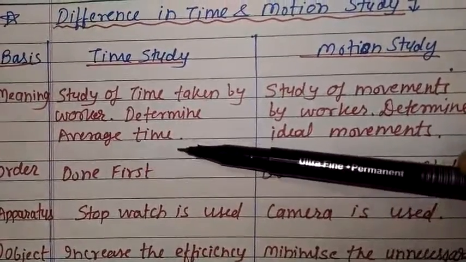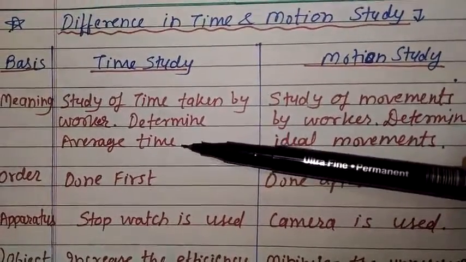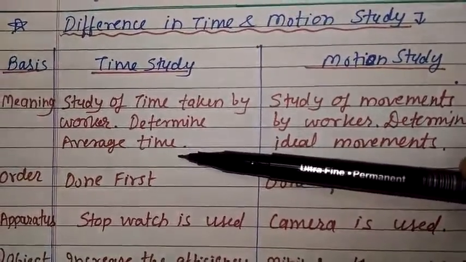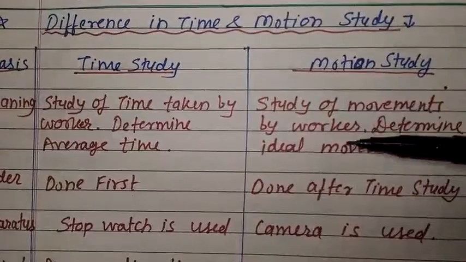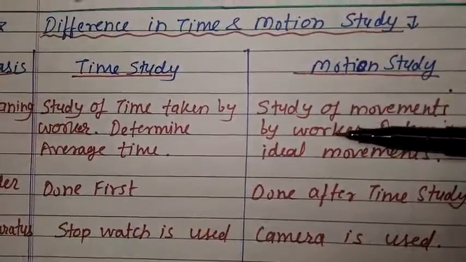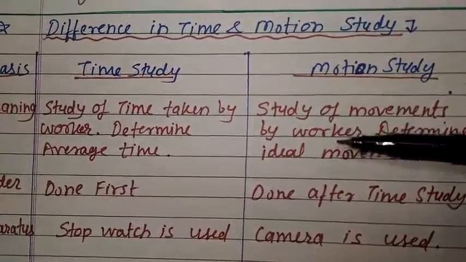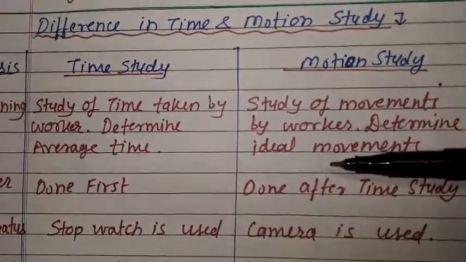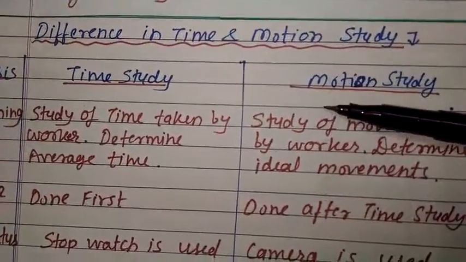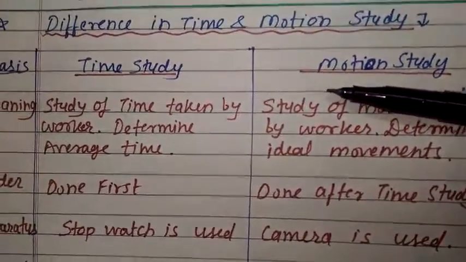It determines the average time that should be taken by an average worker. Motion study is the study of movements taken by a worker, and it determines the ideal movements which should be made by the worker while performing any task.